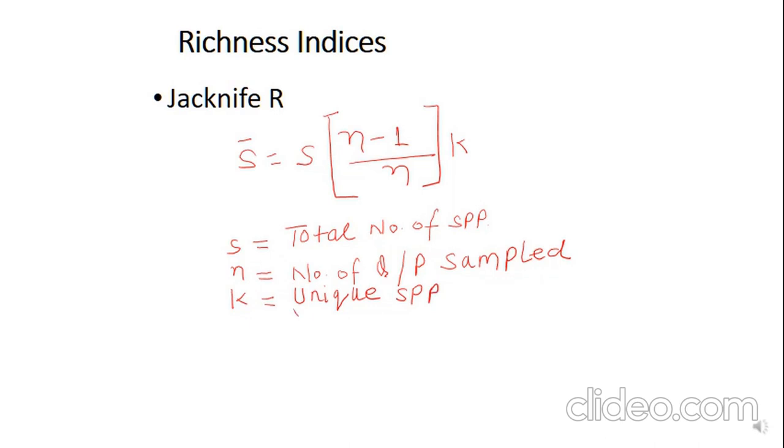Unique species are what? These unique species are species found in only one of the different samples, quadrats, or plots.